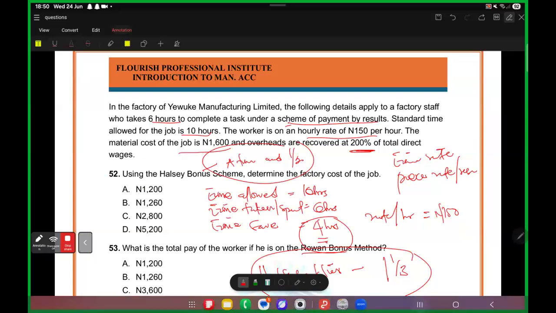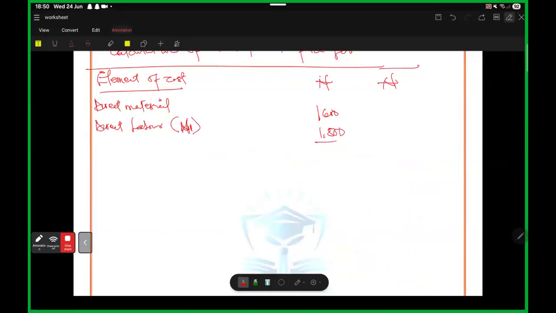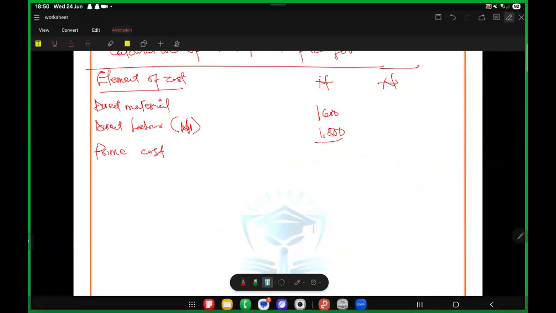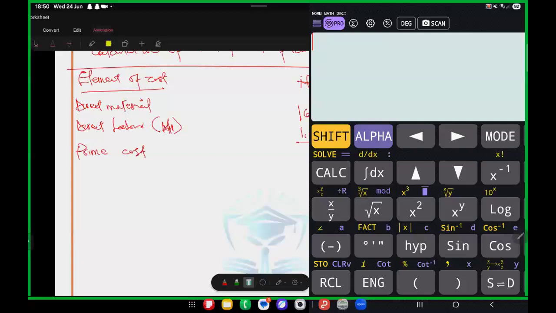So it means that we are going to sum these two to become our prime cost. Our prime cost. So 1,800 plus 1,600 gives us what? Is it 3,000? I think it's 3,000. Guys, let's check. 3,100.